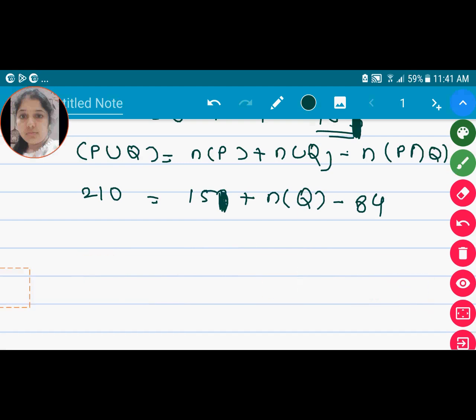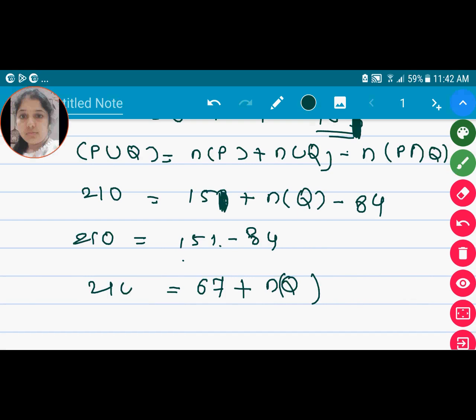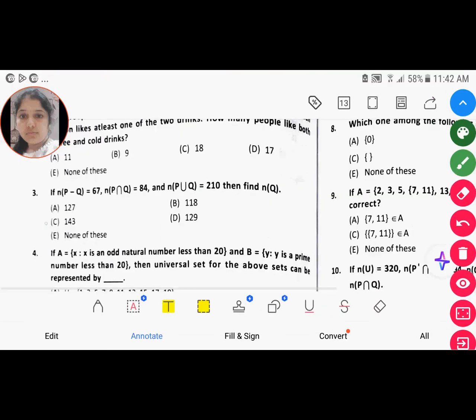Wait a minute. 210 is equal to 151 minus 84. 151 minus 84, 11 minus 4, 7, 6, 67 plus number of elements in Q is equal to 210. So number of elements in Q is equal to 210 minus 67, 143. Sorry, 143 is the correct answer. Okay, so your answer is option C.